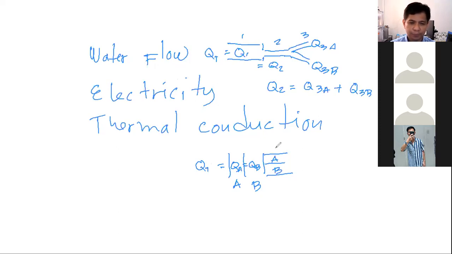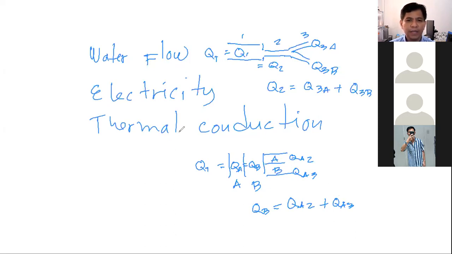So, halimbawa, let's call this parang QA2, no? So, yung pumupunta dito is QA2, yung pumupunta dito is QA3. So, kamukha din sa water flow, yung QB ay equal din sa sum ng QA2 at saka QA3. Okay? So, ganun lang yung analogy nung water flow sa thermal conduction.